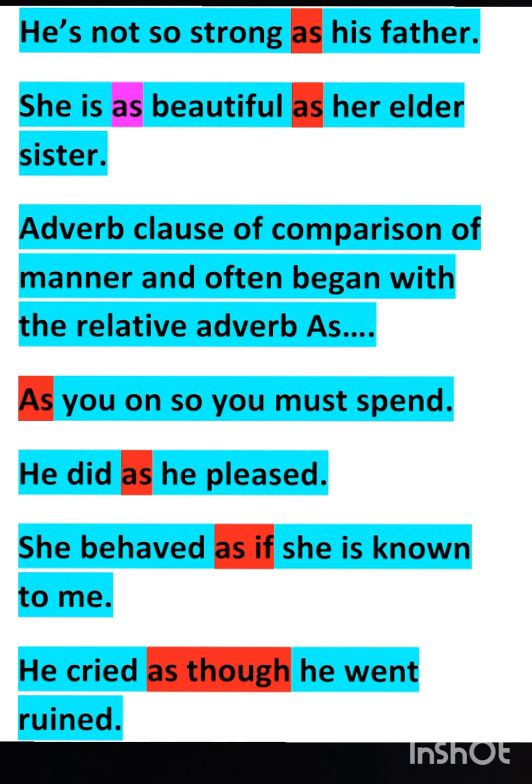He cried as though he were ruined. The clauses started with as you, as he, as if, as though. These are comparisons of manner. It is an adverb clause.